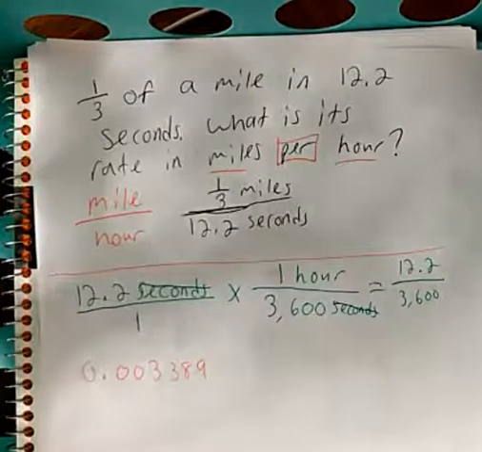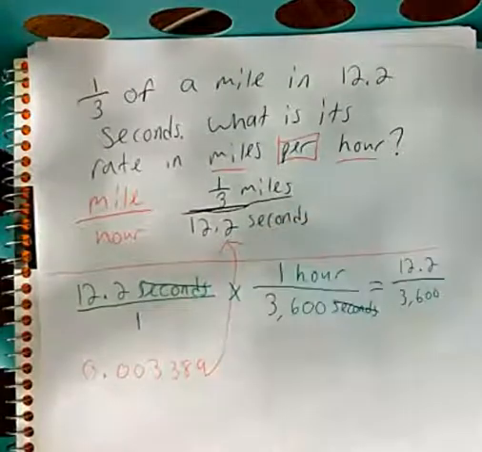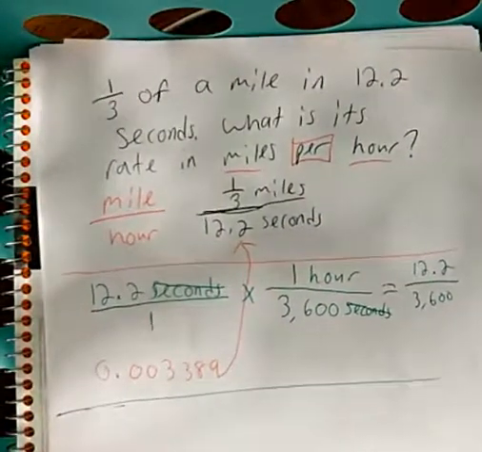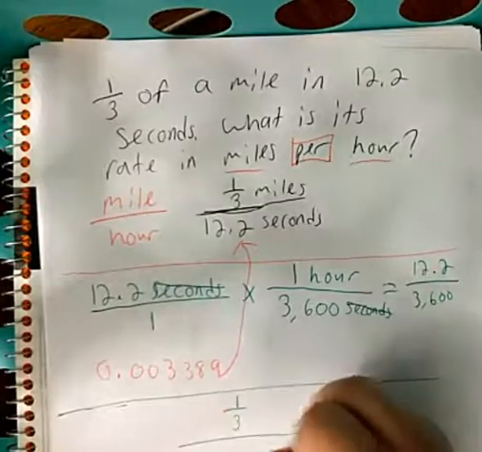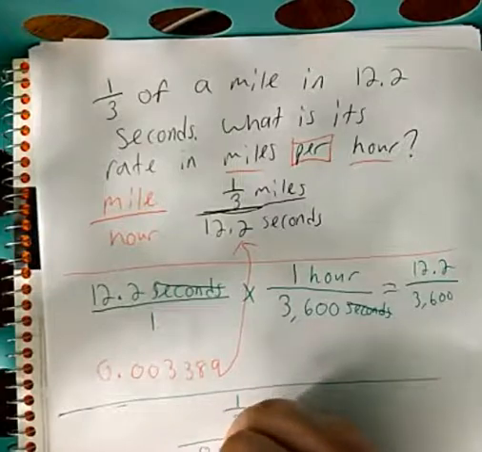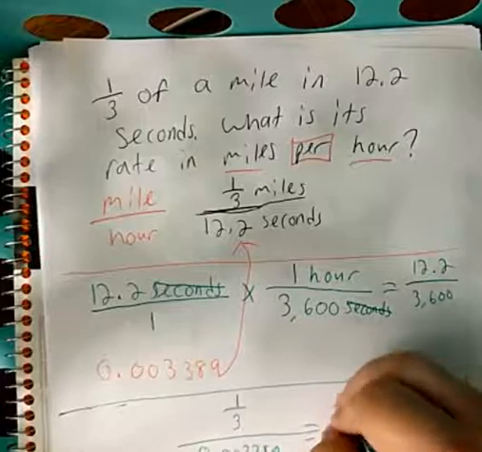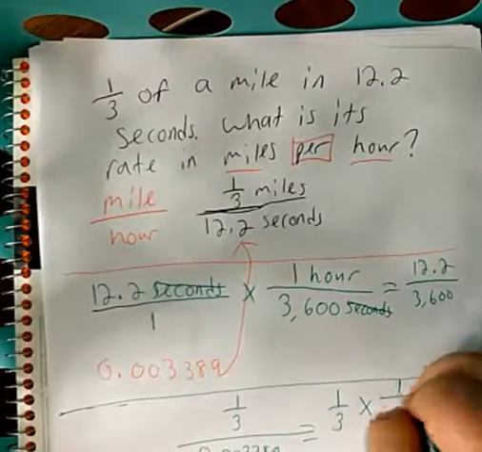Okay, so now I'm going to plug it back in. So 1/3 divided by 0.003389. Keep, change, flip, keep, change, flip.